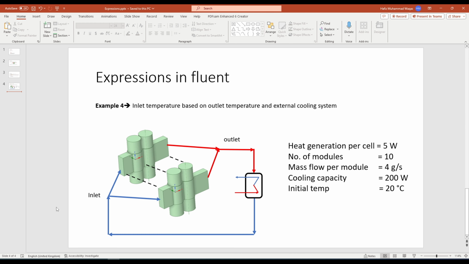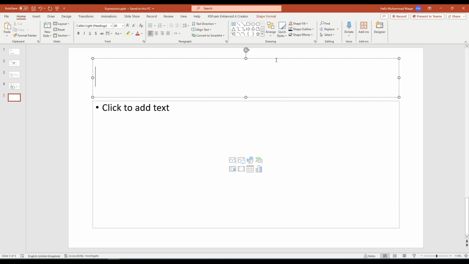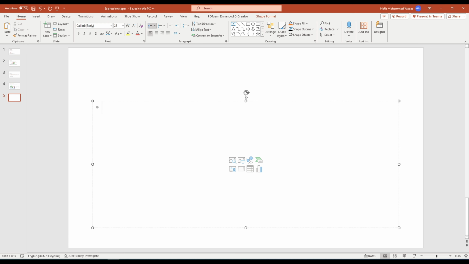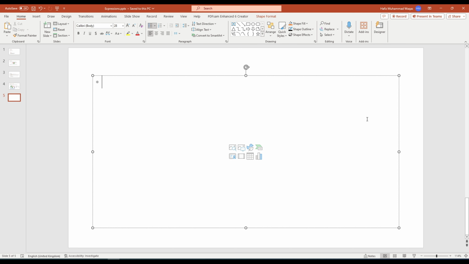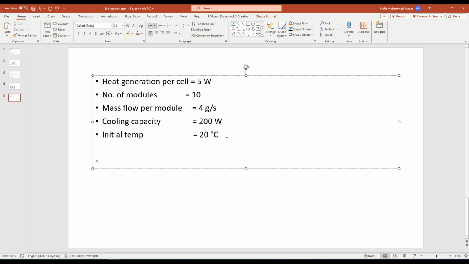So we will do it in parallel, side by side. We will write some expressions on our slide, then we will put those expressions into Fluent. Let me bring this one over here so that we don't need to go back and forth again and again. First we will define our flow rate.